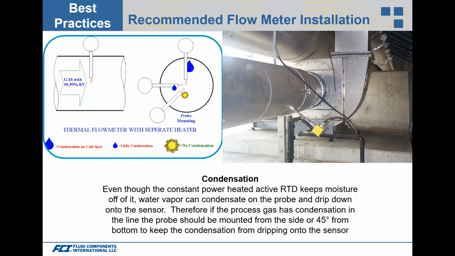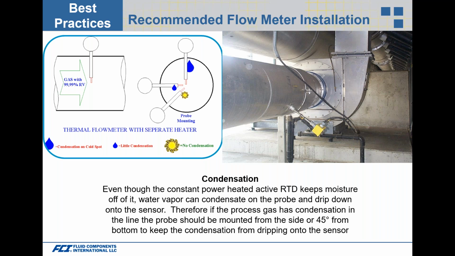And then another good flow meter installation best practice would be, if you have water vapor or moisture in the line, locate the flow meter 45 degrees from the side. Typically when you look at a flow meter, it's top mounted. But if you have water vapor or condensate in the line, that is not the best scenario, because that water vapor is going to condensate on that probe.